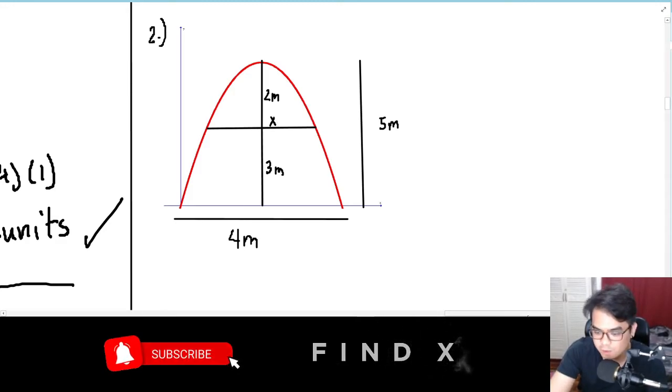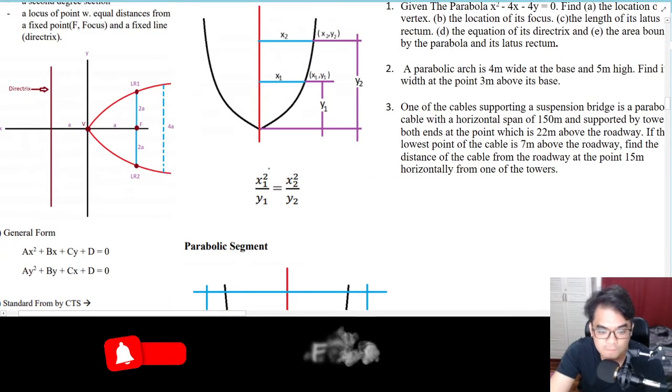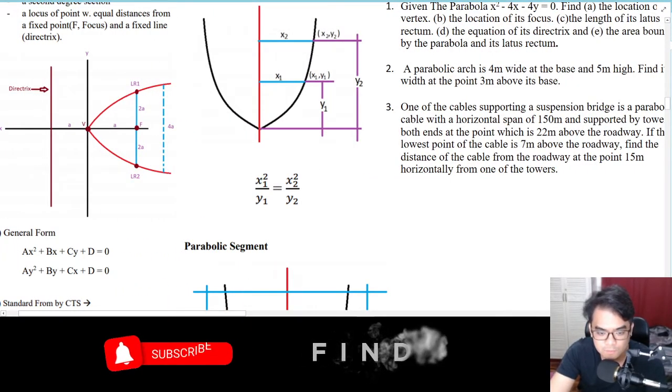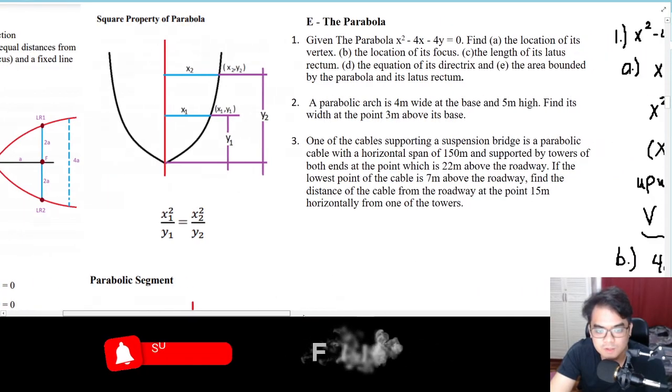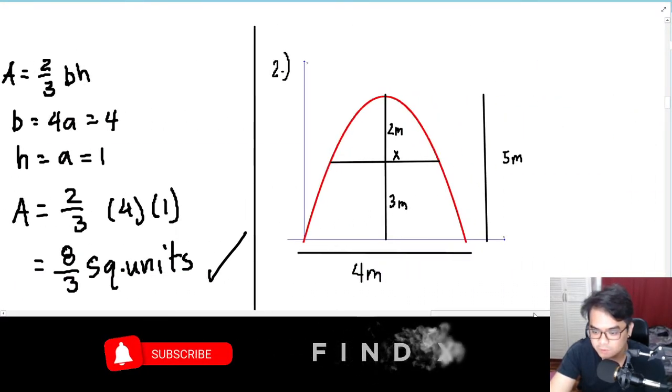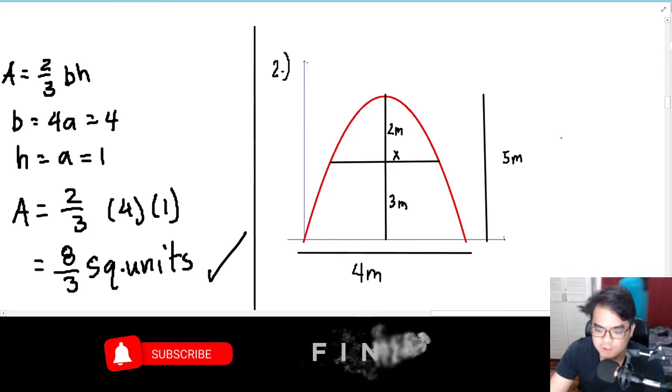So using the square property of parabola, let's just go back to the formula: x1 squared all over y1 equal to x2 squared all over y2. The squared is the width or the base. So squaring the bases, the first base of the big parabola is 4, right?